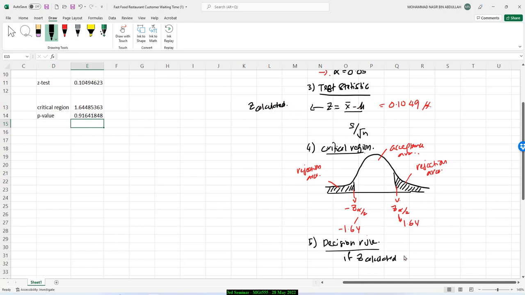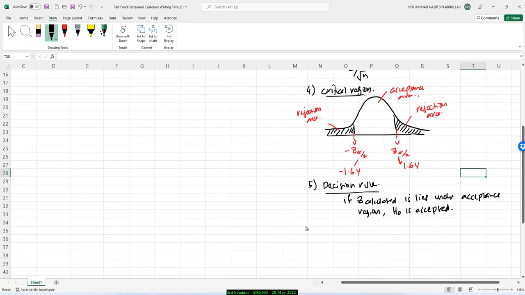Z calculated lies under acceptance region, null hypothesis is accepted. Right? So this is the rule. So if the value of Z calculated lies under acceptance region, null hypothesis is accepted.